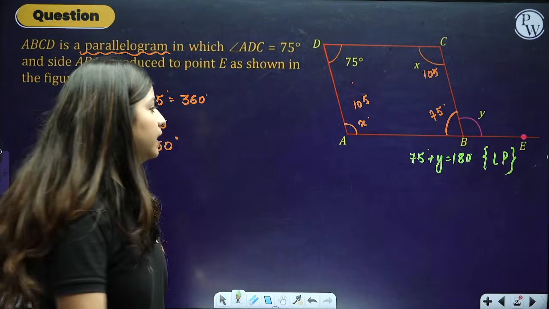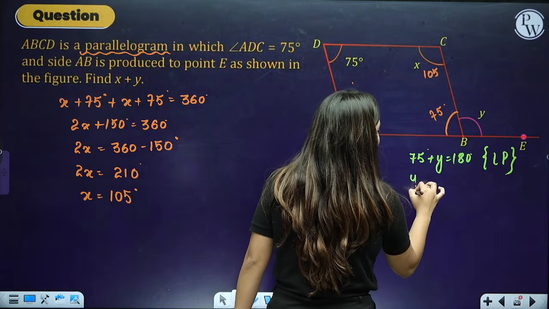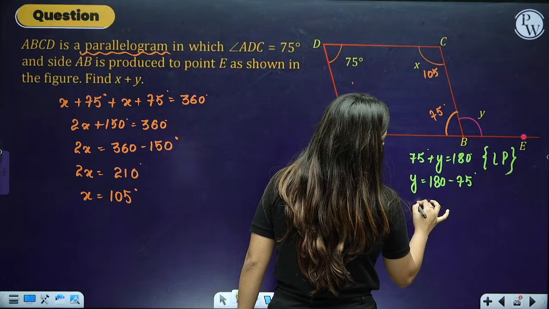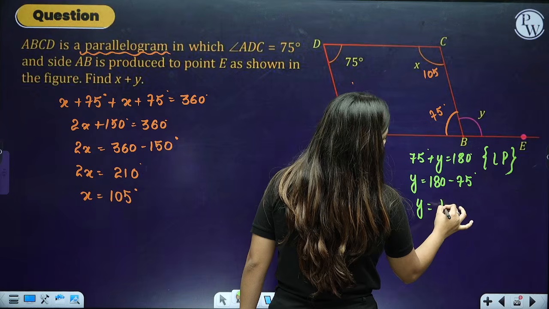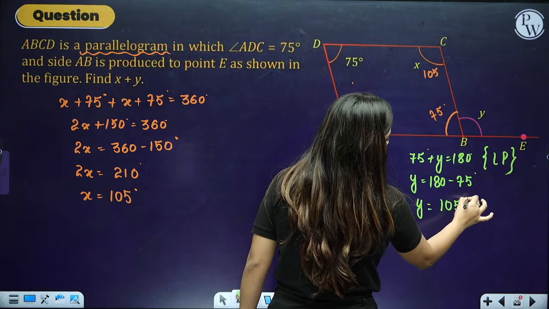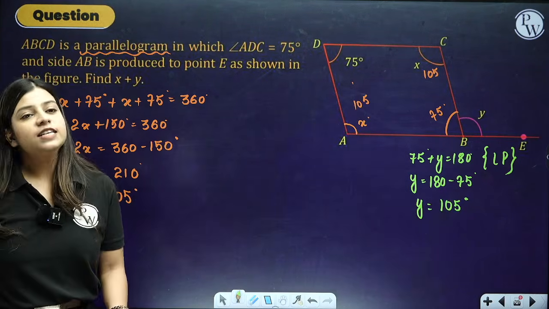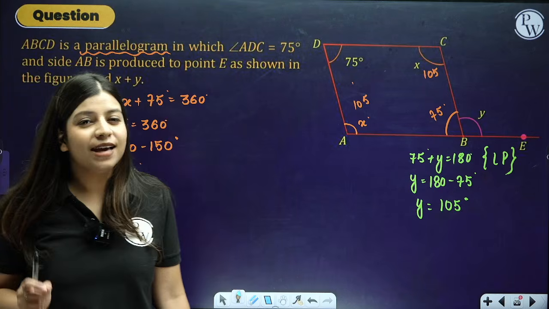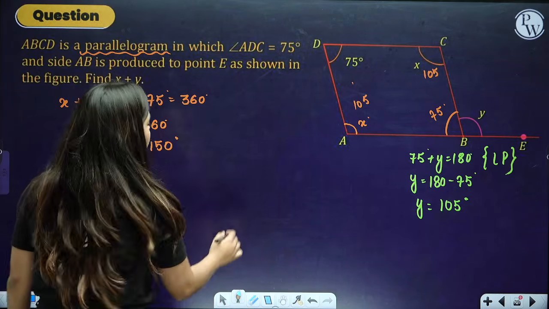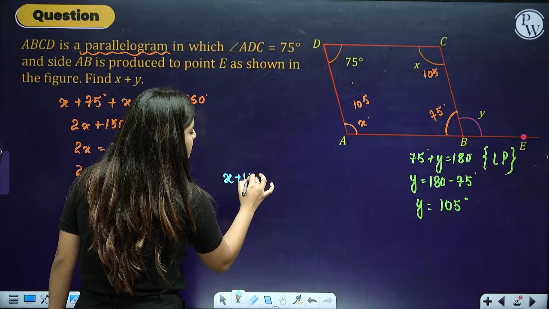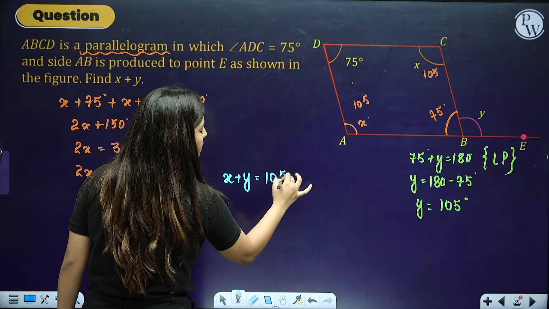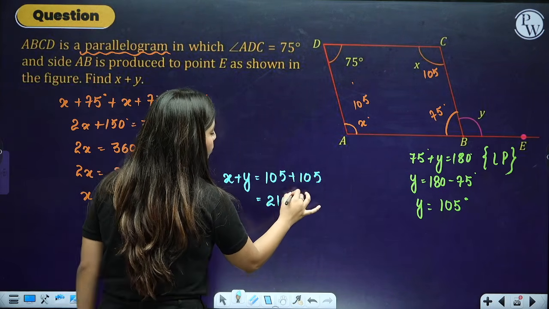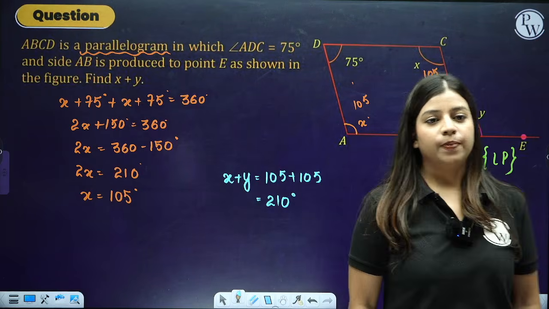Now y will be equal to 180 minus 75 degrees, and y will be 105 degrees. Now the last thing we have to do in this question is find the value of x plus y. That will be 105 plus 105, and that will give you 210 degrees.